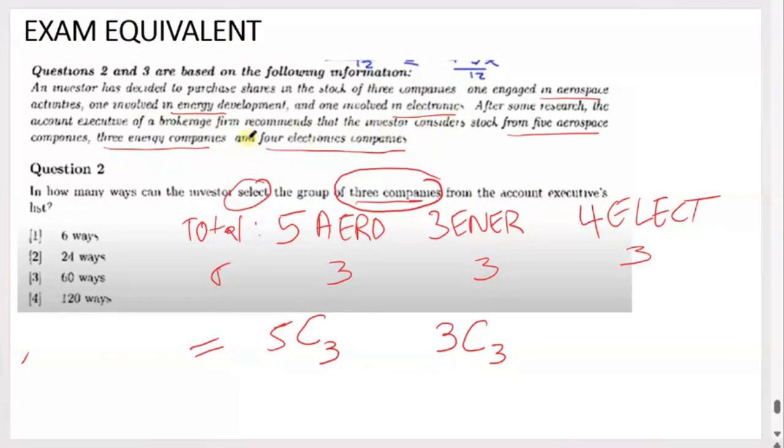Meaning from the 3 companies, we need to choose one. We need to select exactly one from each, because at the end you must have 3. So R has to be 1. From each, you are going to choose one, so then you are going to have 3.